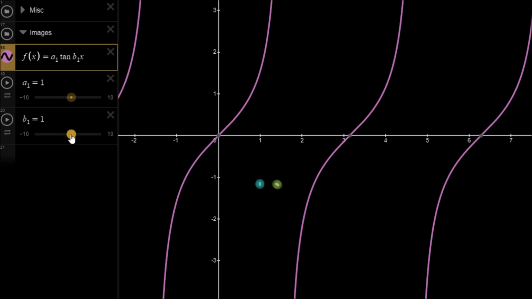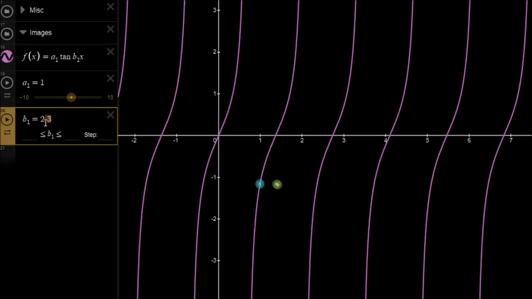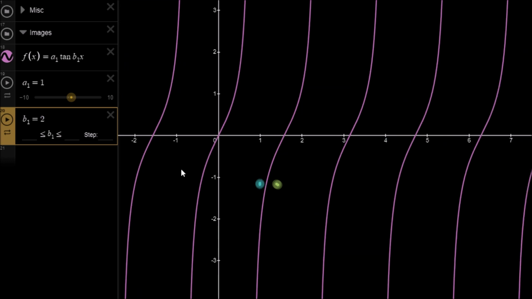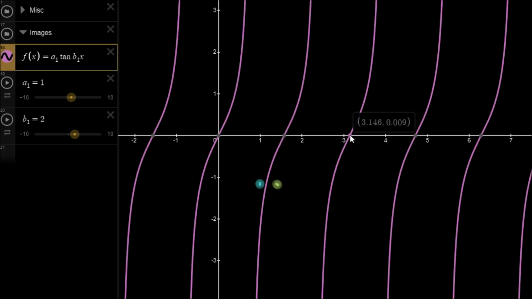And if we change that to a value, for example 2, you can see here that the period now has changed, so it's no longer the value of 180 degrees here, which is pi. It's going to be half of it, so it's pi by 2.